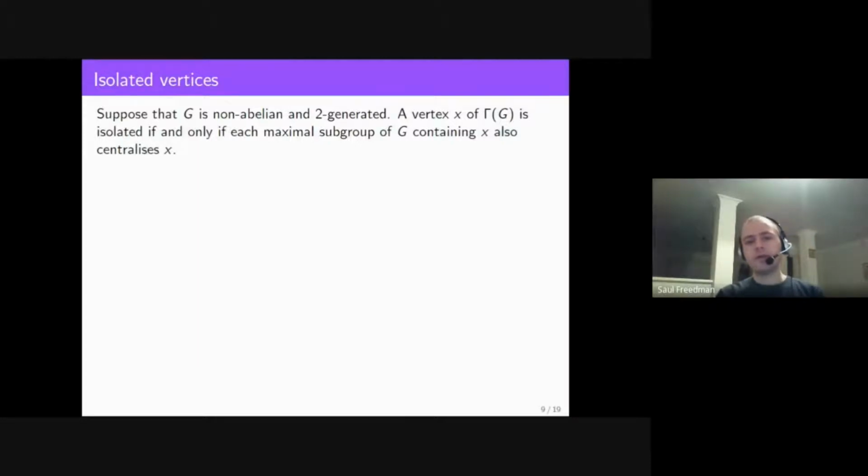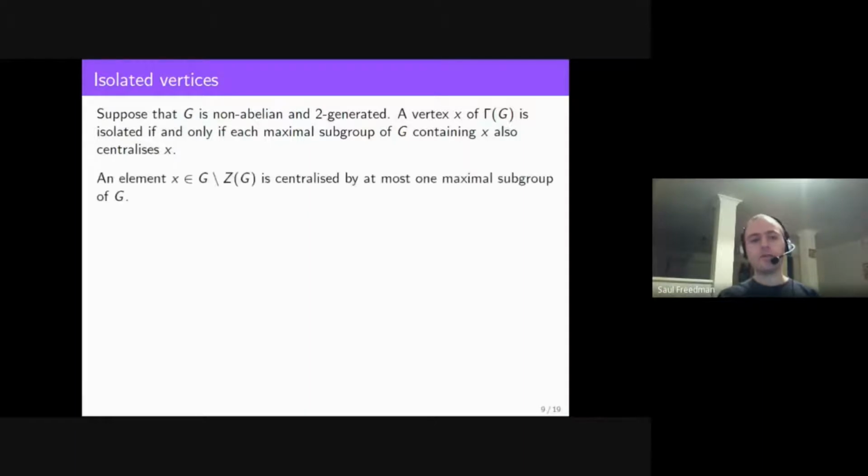Now note that a vertex X in the graph will be isolated if and only if, whenever it's part of a non-generating pair, the other element in that pair must commute with X. And non-generating pairs of elements are exactly pairs of elements that lie in a given maximal subgroup. And so a vertex is isolated if and only if each maximal subgroup containing that vertex also centralizes that vertex.